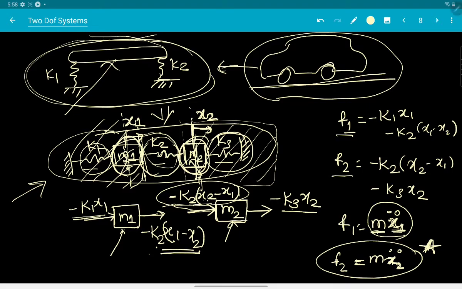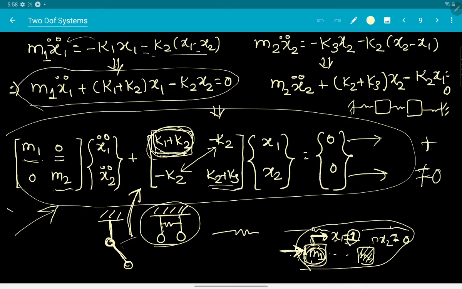So we derived the differential equations of that 2 degree of freedom system. We have seen that we obtained 2 differential equations. Both of them were second order ordinary differential equations, and they were coupled. The coupling term came from here. We have arranged our system in such a way that coupling exists only in the stiffness matrix.